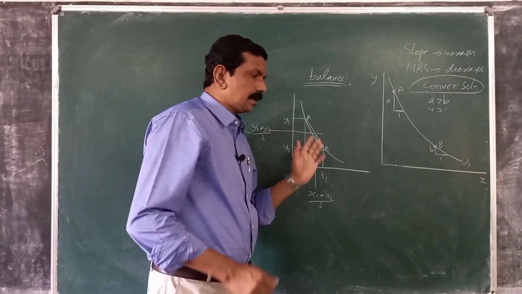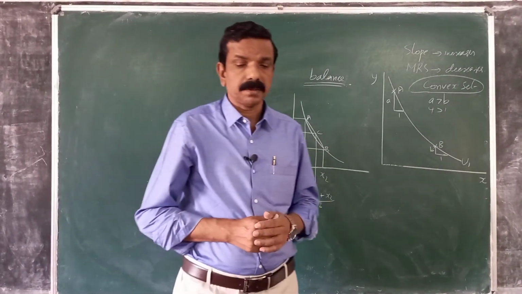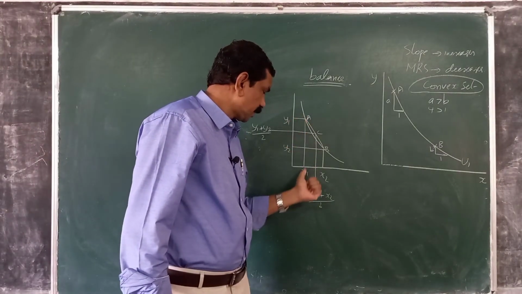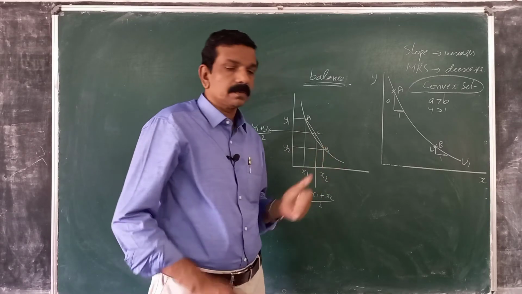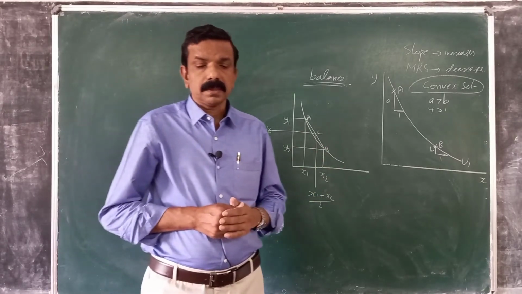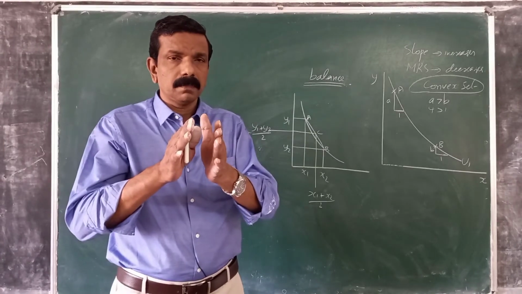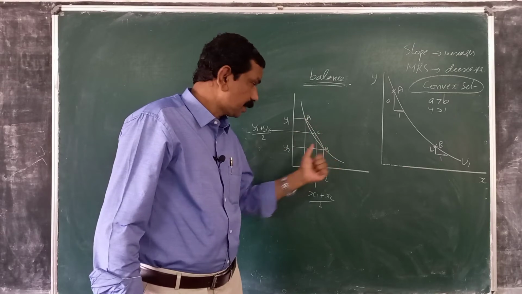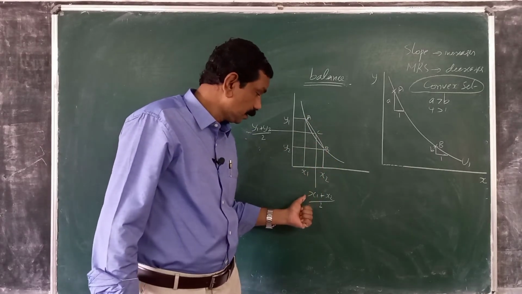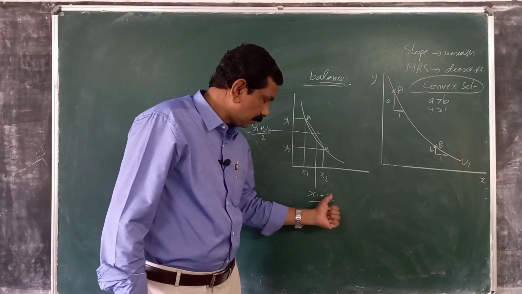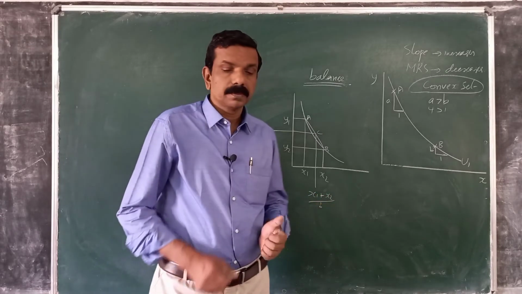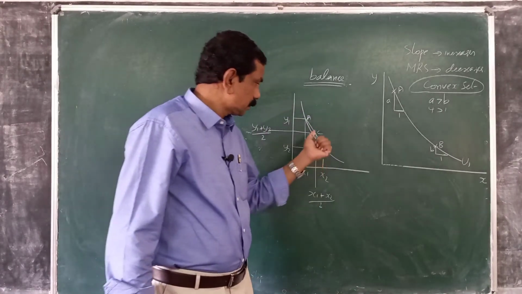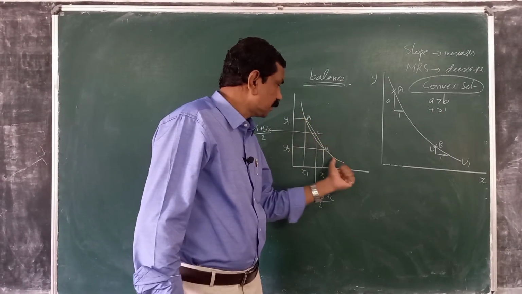Now, what is meant by balance in consumption? Suppose that the consumer is indifferent between x1 y1 and x2 y2, and you consider an average of these two bundles A and B. The average is obtained by adding and dividing by 2, and you can see that this C is not on the indifference curve.